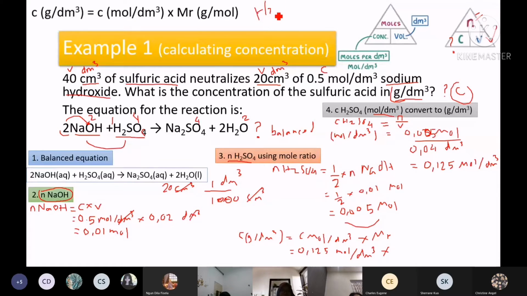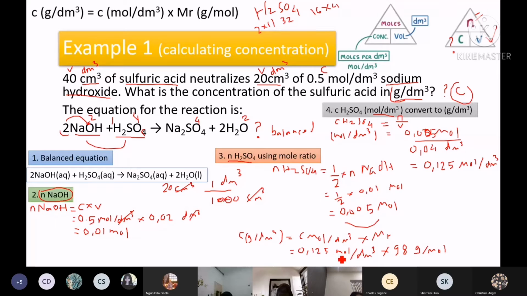We can calculate it: hydrogen is 1, sulfur is 32, oxygen is 16 multiplied by 4 because we have 4 oxygens, 1 sulfur and 2 hydrogens. 98. What is the unit? 98 grams. Remember, the unit of molar mass is gram over mole.